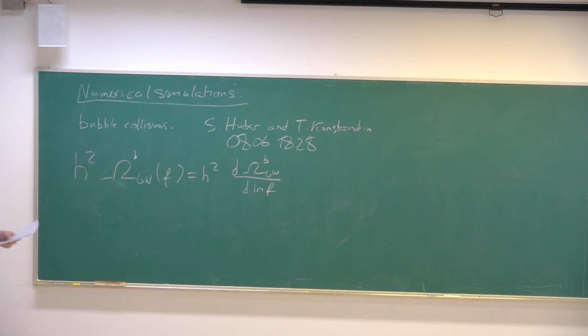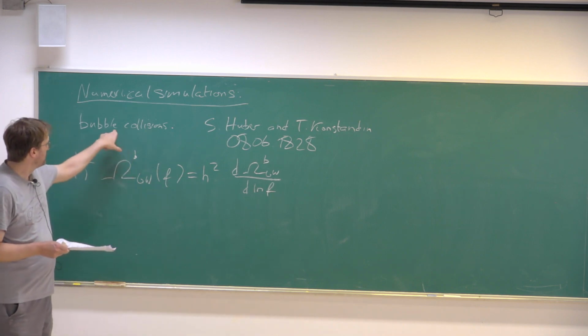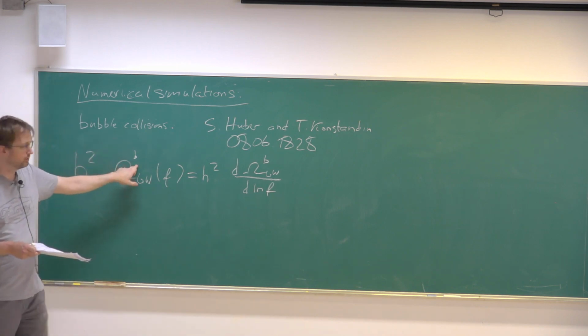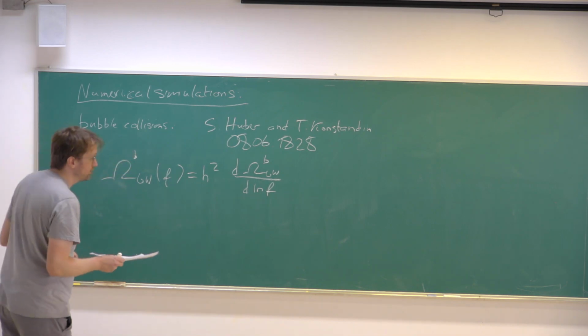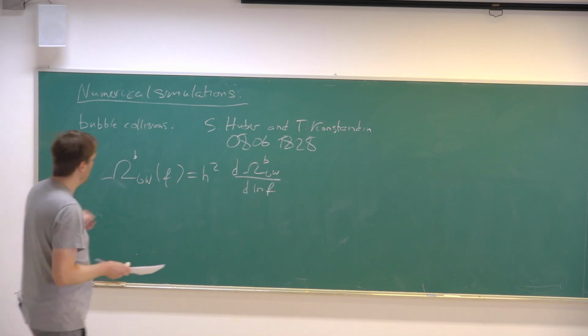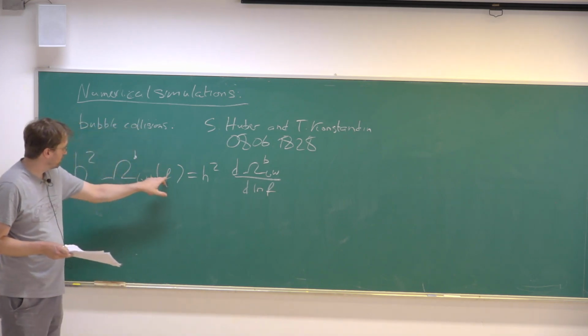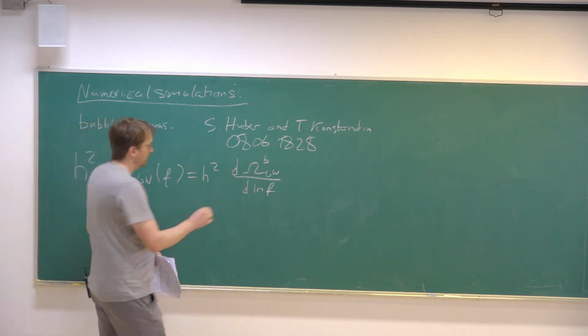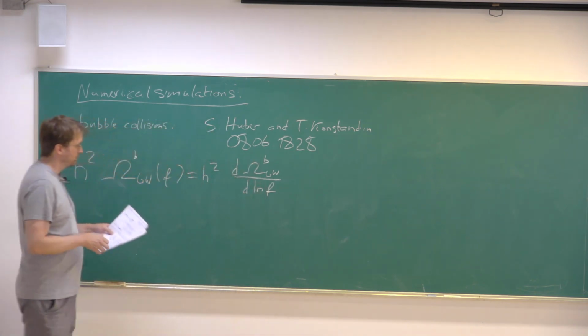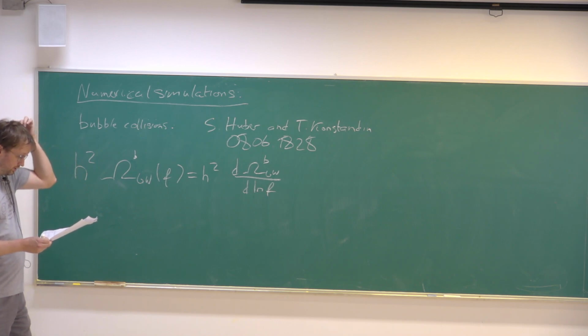So what is B again? B is for bubble collisions, so I put the B to make clear that it's for bubble collisions. And I pulled the h squared in front because it's convenient to parameterize it like this. So whenever I write of f, this is really the spectral density of the spectrum.